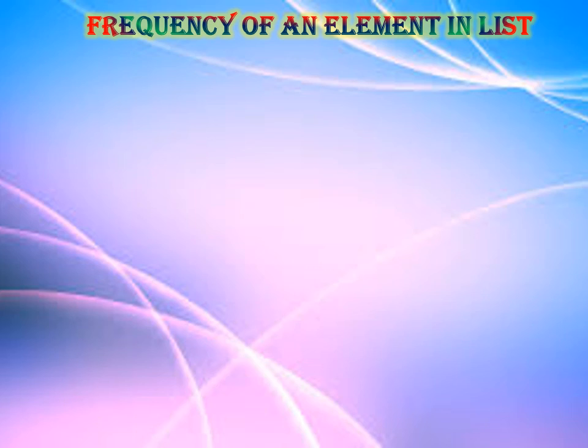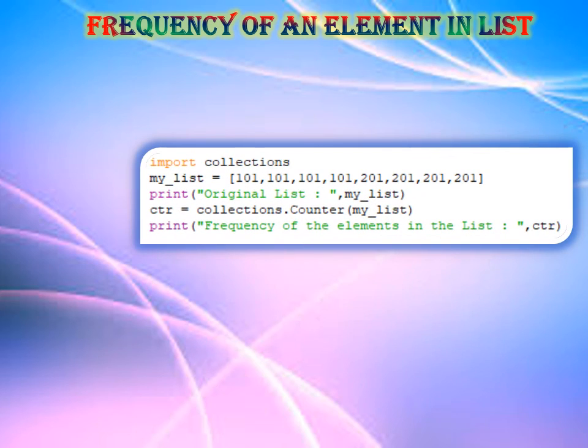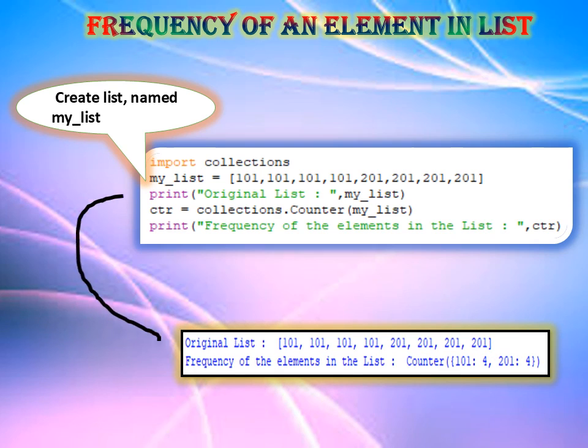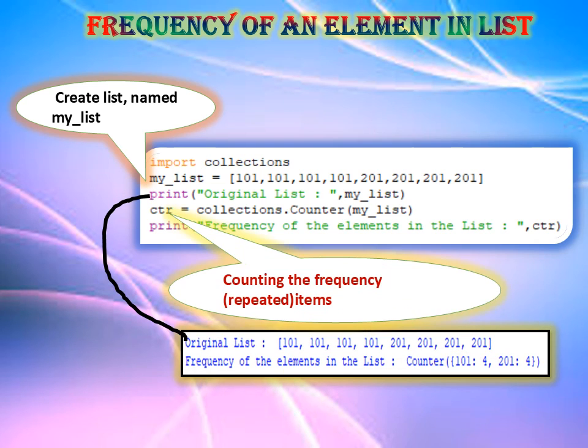Program to find the frequency of an element in a list, that is counting the frequency of repeated items present in the list. For that we are importing the collections package, and the list name is my list. The original list is printed first, and next using the Counter function we are counting how many times the items are repeated.